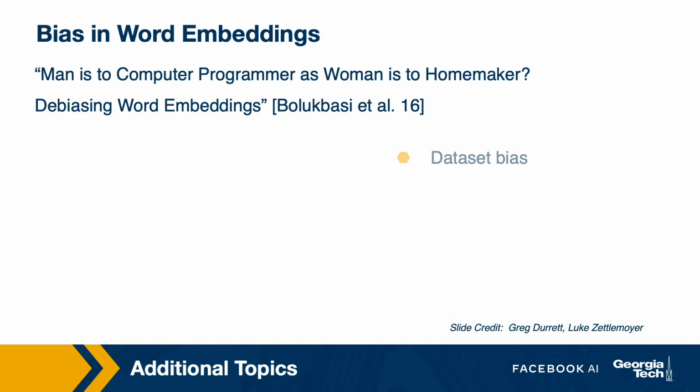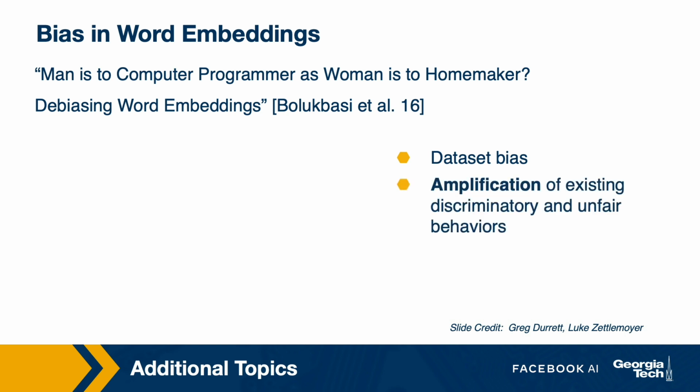Not only does the bias come from the dataset people use to train ML models, but it is usually the case that the bias is further amplified by the machine learning system, which can cause lots of issues. As we rely on ML systems heavily these days, it is very important to make sure that our ML models do not exhibit or amplify existing discriminatory or unfair behaviors.